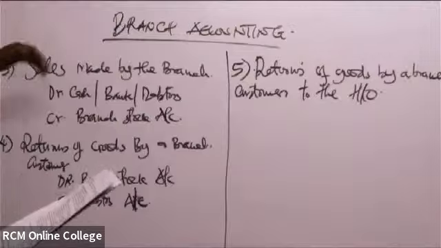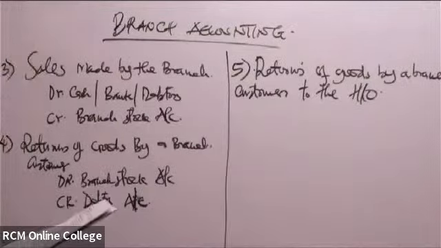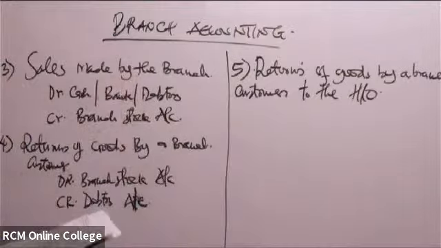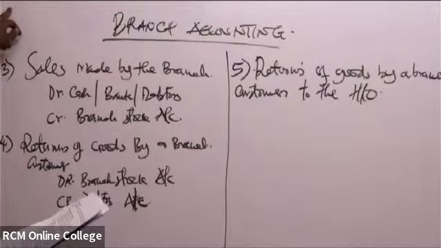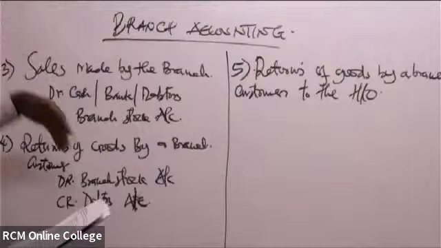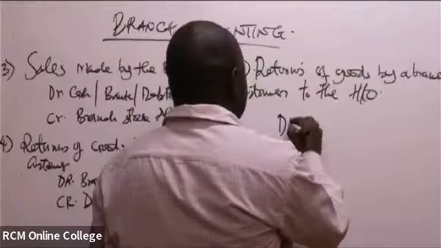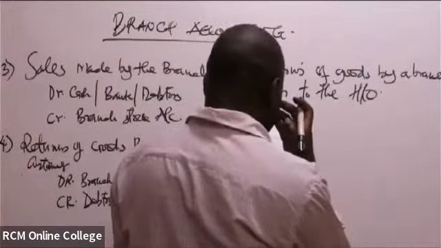So in short it is like the branch is returning to the head office, but this is the customer with kimbelembele. He went through the other side. So what we made in number 2 is what is occurring, just indirectly. So here, you will debit the goods sent to the branch.